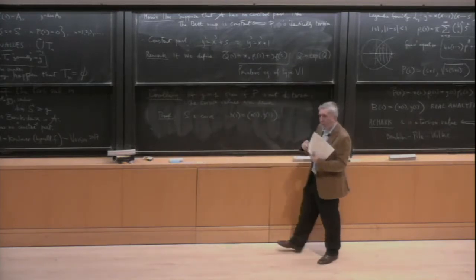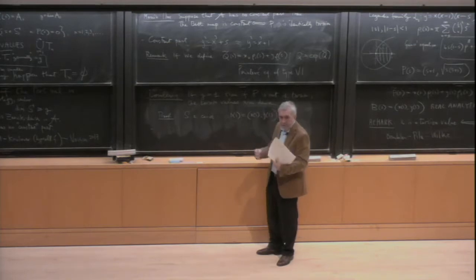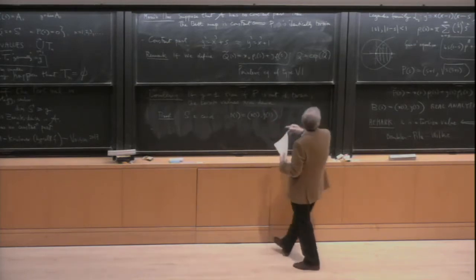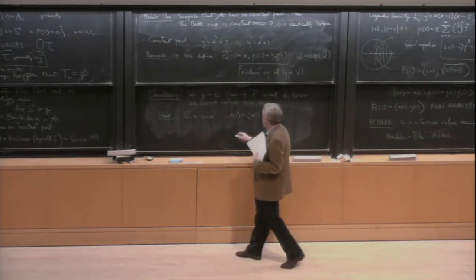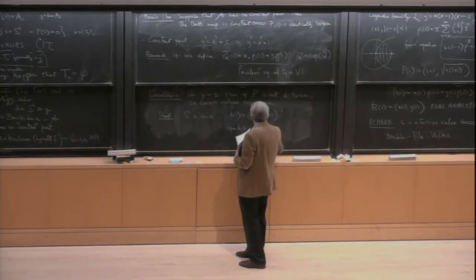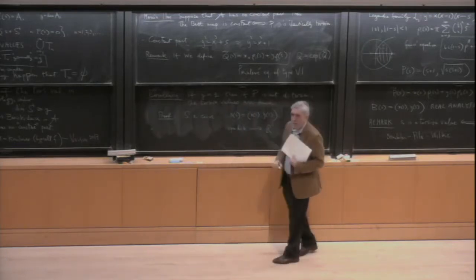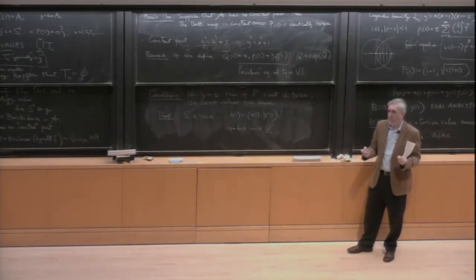It goes from an open neighborhood, an open disk in the complex plane, or even smaller. So it sends an open disk to the real plane. And it is a real analytic map, so it may be regarded as a real analytic map of a disk in the real plane to the real plane.